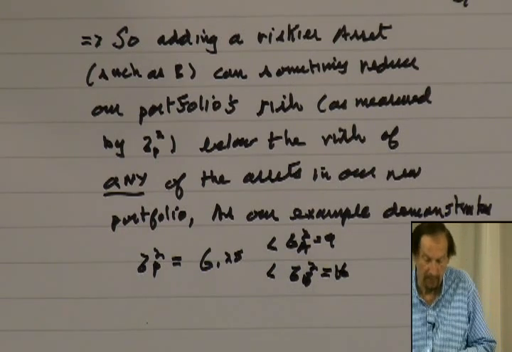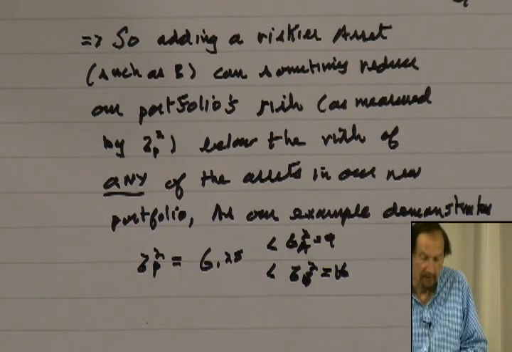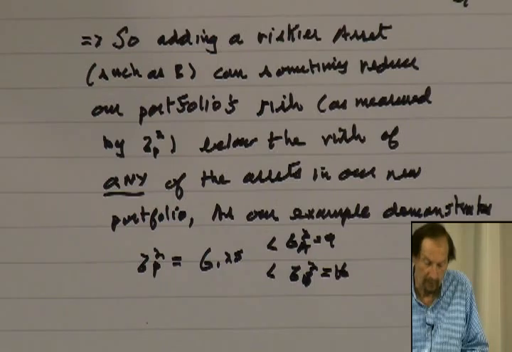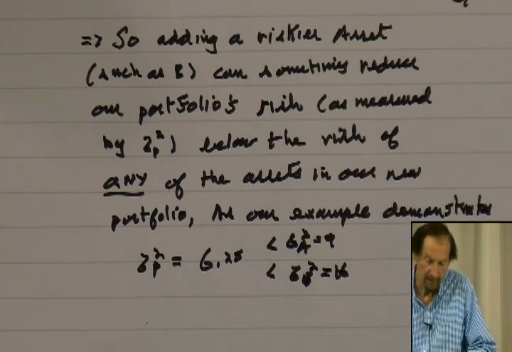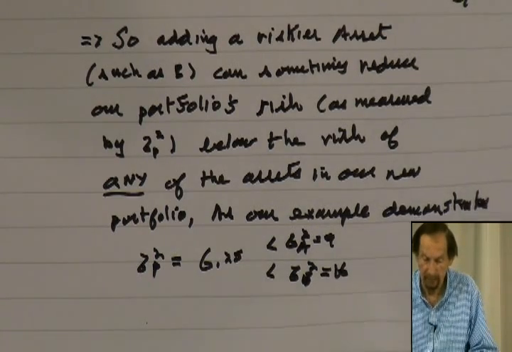So adding B, which is a riskier asset, to asset A actually reduced our portfolio variance below the risk of any asset. Now, this is because the two assets are uncorrelated, which is hard to come by.